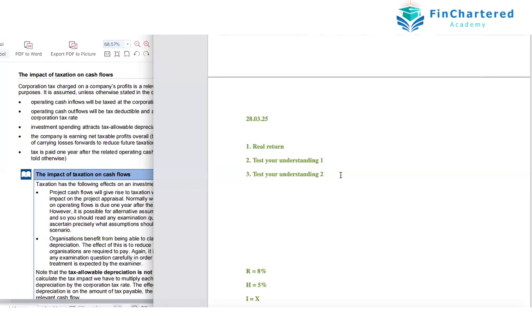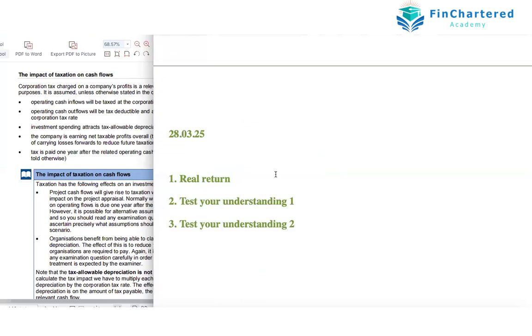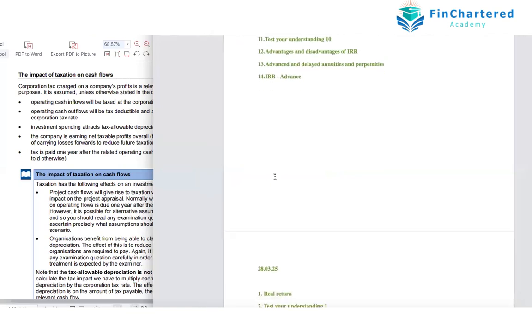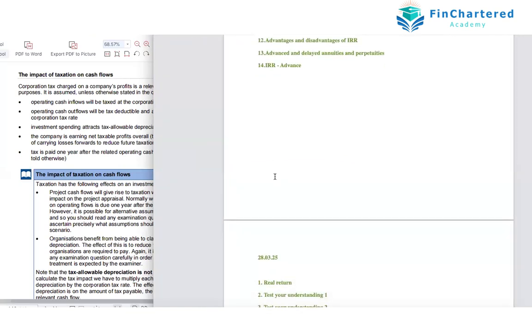So guys, in order to keep it short by 20 minutes, at 4:30, which is now, what I will do is give you the review session. Review is basically we've done advanced and delayed annuities and perpetuities.